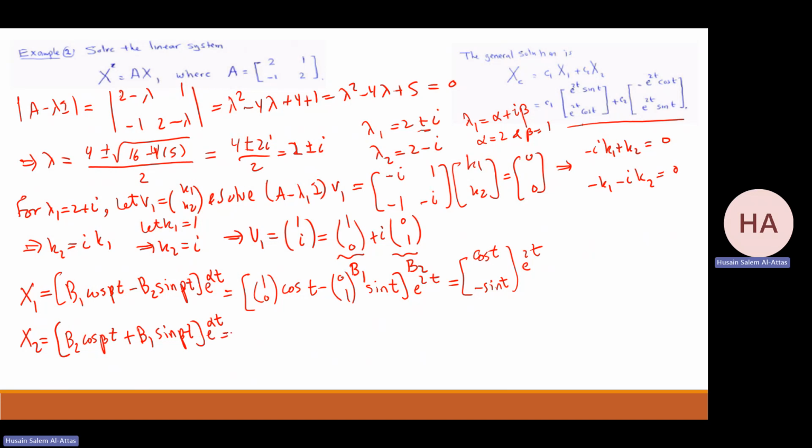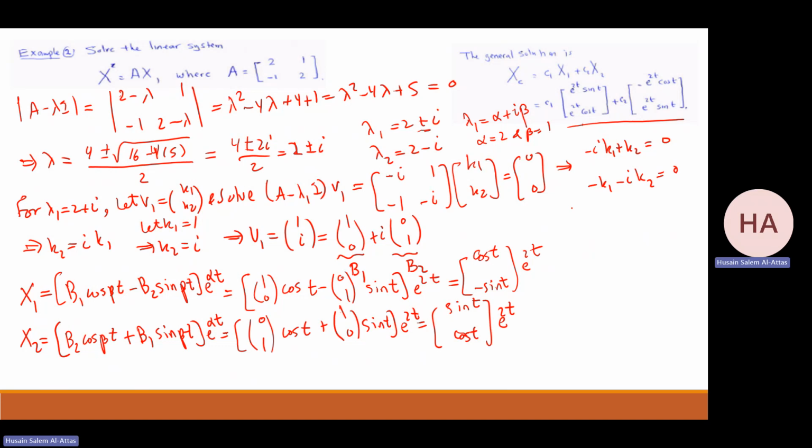I will put b2 here: 0, 1 cosine t plus b1, which is 1, 0, sine t, e to the t. And that gives me sine t and the other one cosine t, e to the t.